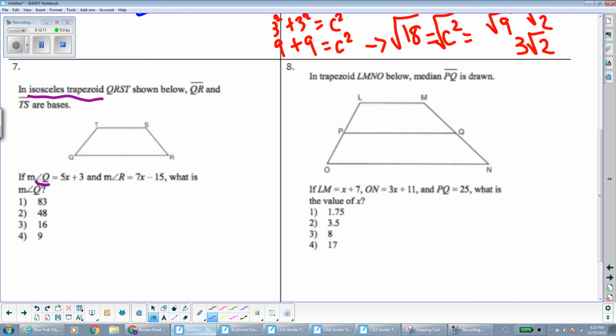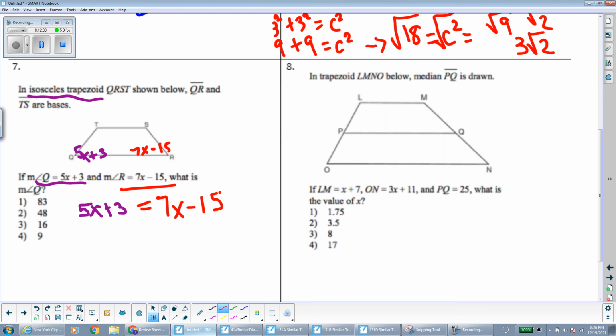So if angle Q, this bottom base angle over here, is 5x plus 3, and angle R, this other bottom base angle over here, is 7x minus 15. And I know that those two base angles should be congruent or equal to each other. So I can make an equation that says angle Q, which is 5x plus 3, should be equal to angle R, which is 7x minus 15.